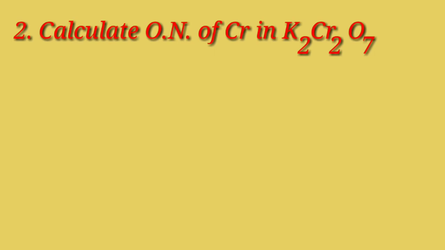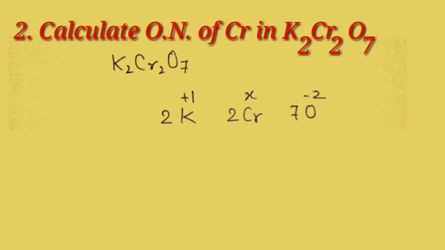Next, calculate the oxidation number of chromium in potassium dichromate, that is K2Cr2O7. Potassium is an alkali metal, so its oxidation number is +1. Oxygen has an oxidation number of -2.